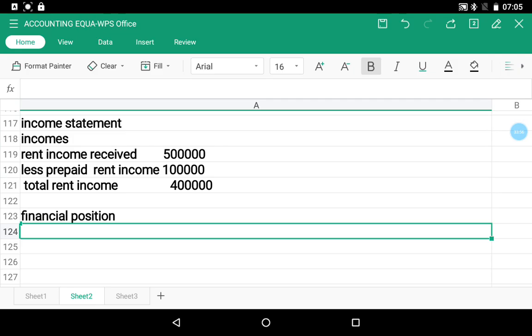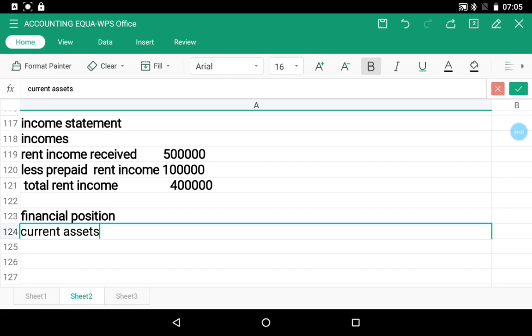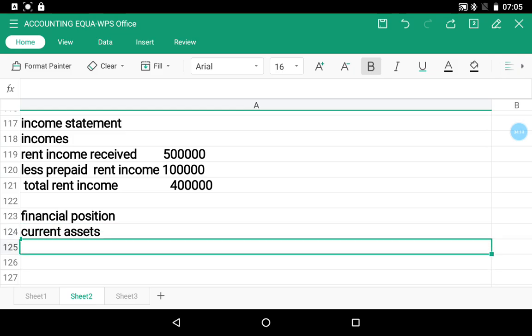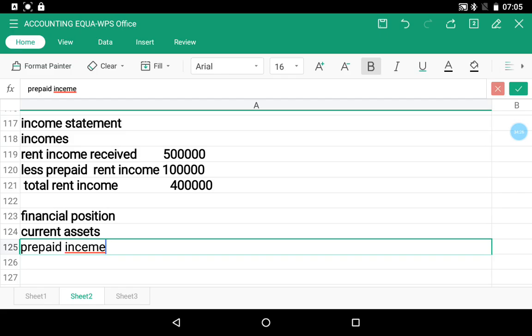Then you come under current assets, that's where we will add our prepaid rent income, which is 100,000.